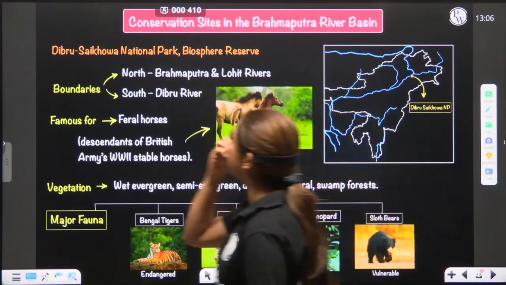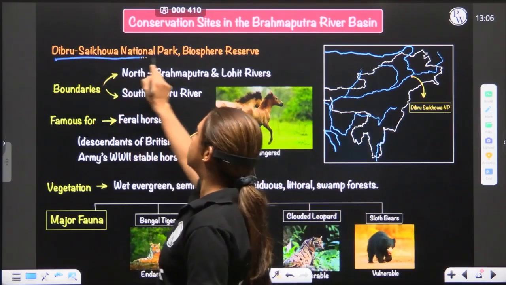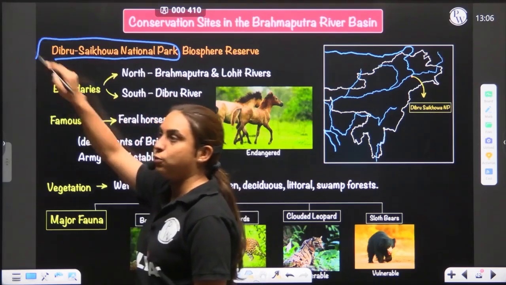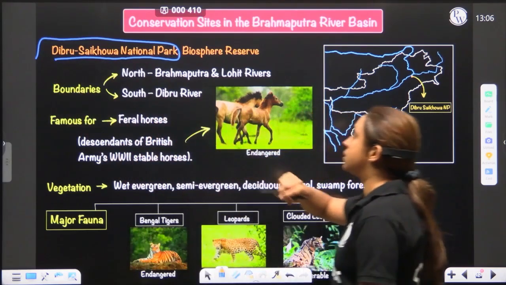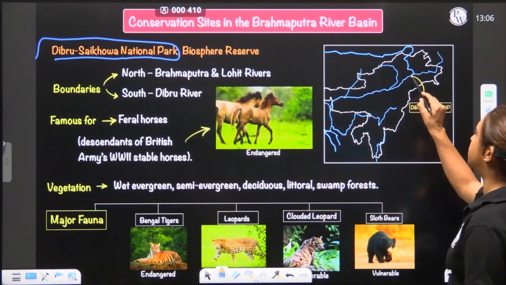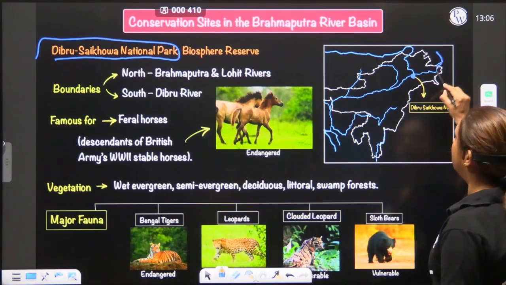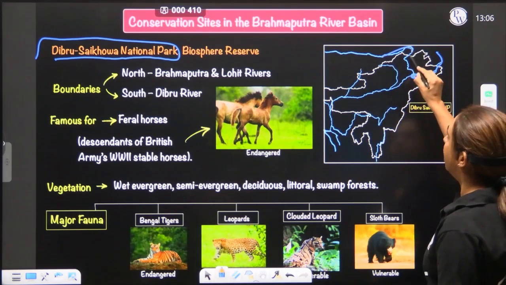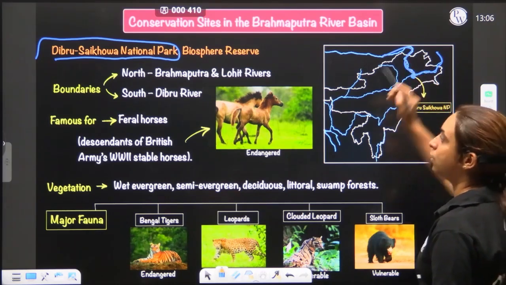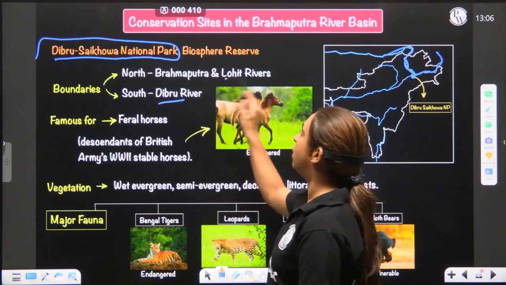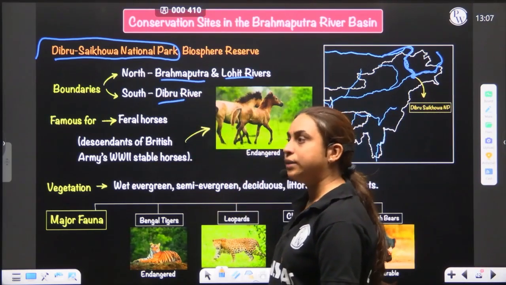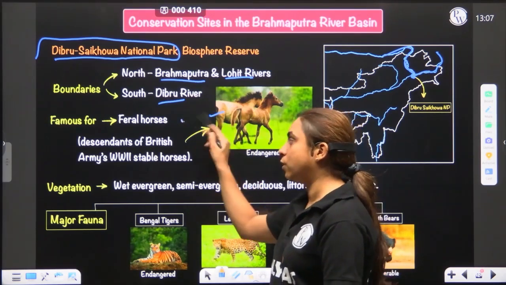You also have another national park, that is Dibru-Saikhowa National Park. Dibru and Saikhowa. At the northern side, this is the place where you have Dibru-Saikhowa National Park. On one side, you have Lohit River. On one side, you have Siang River or Dihang River. So you have Dibru River, you have Lohit River, you have Brahmaputra River. These are known for the feral horses.